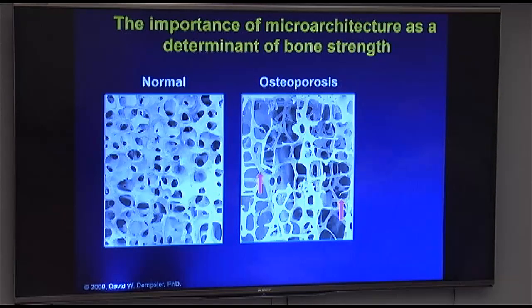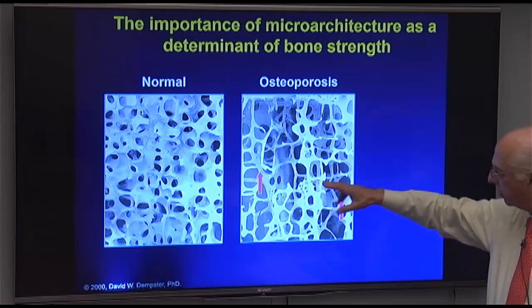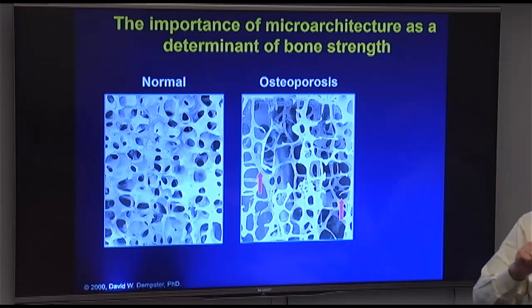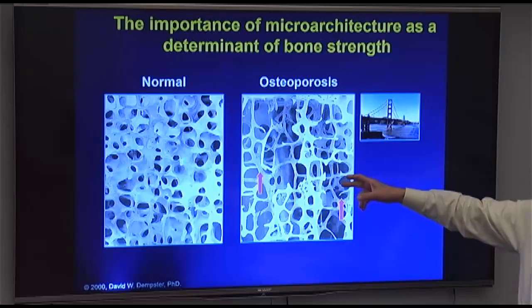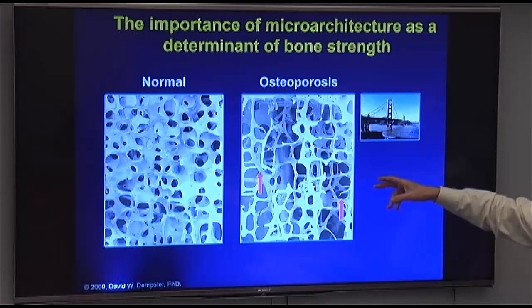They're not actually all horizontal and vertical, of course. But the more horizontally oriented plates tend to drop out more selectively, leaving the rods. And that's not good from a biomechanical point of view.